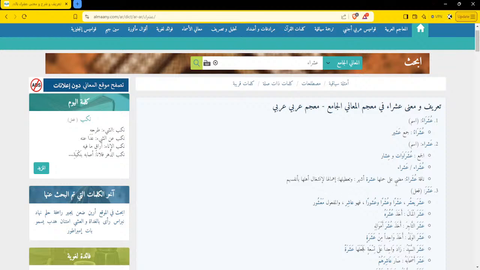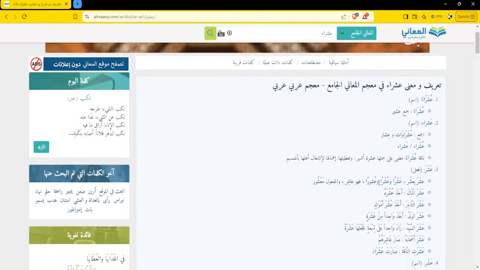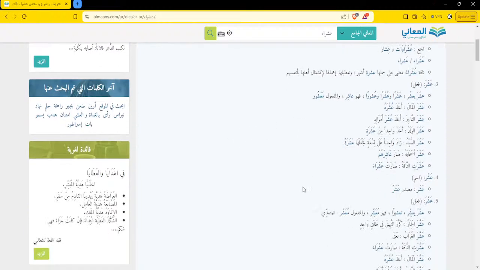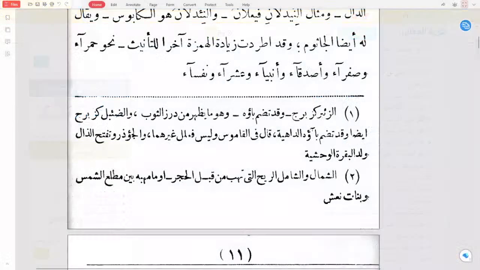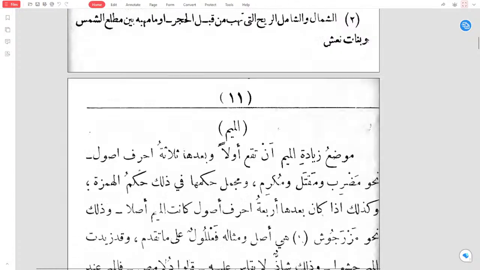So the ushara is a camel which has given birth. Either it has given birth 10 months ago, or it مضى على حملها, it's been pregnant for 10 months. Seems like that would mean it has been pregnant for 10 months. نعم. عشراء. ناقة عشراء. نعم.